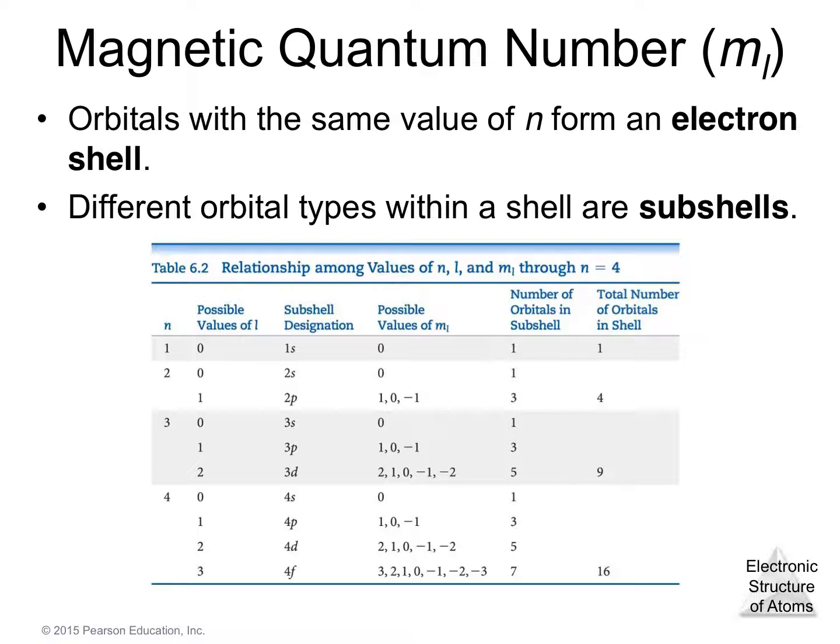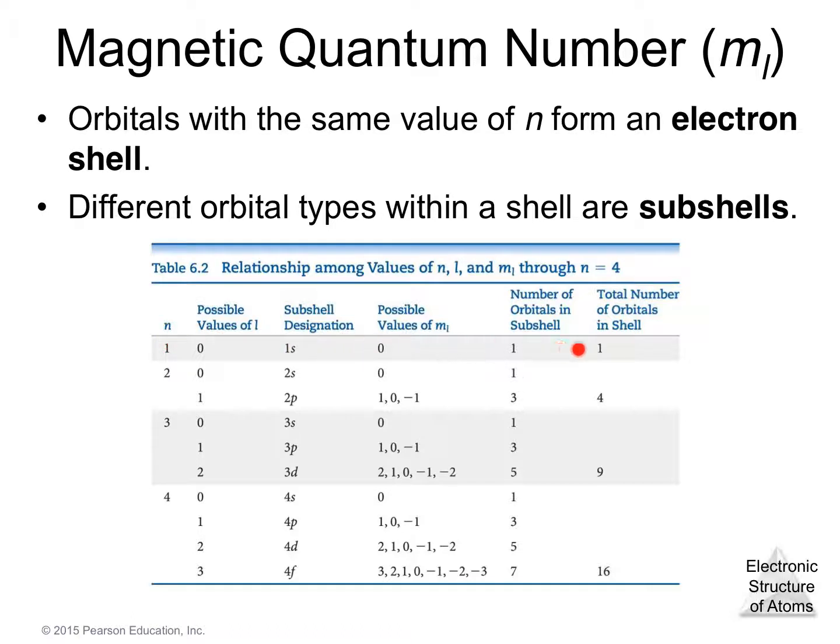Each one of these quantum numbers gets us a little closer to describing the location of the electron. You have an energy level, then you have a sublevel, and then you have the different orbitals within that sublevel. Some other terminology that you very commonly see: electron shell means everything within the same energy level.